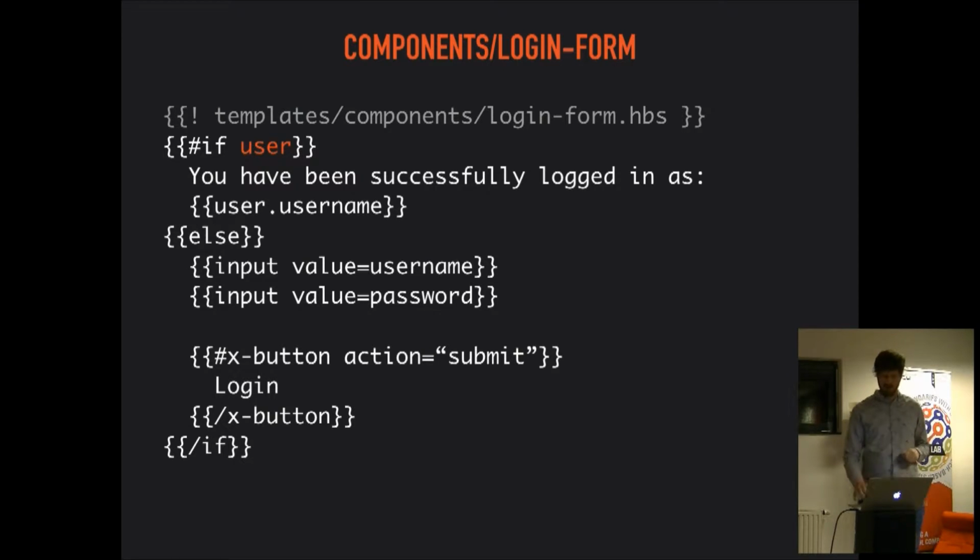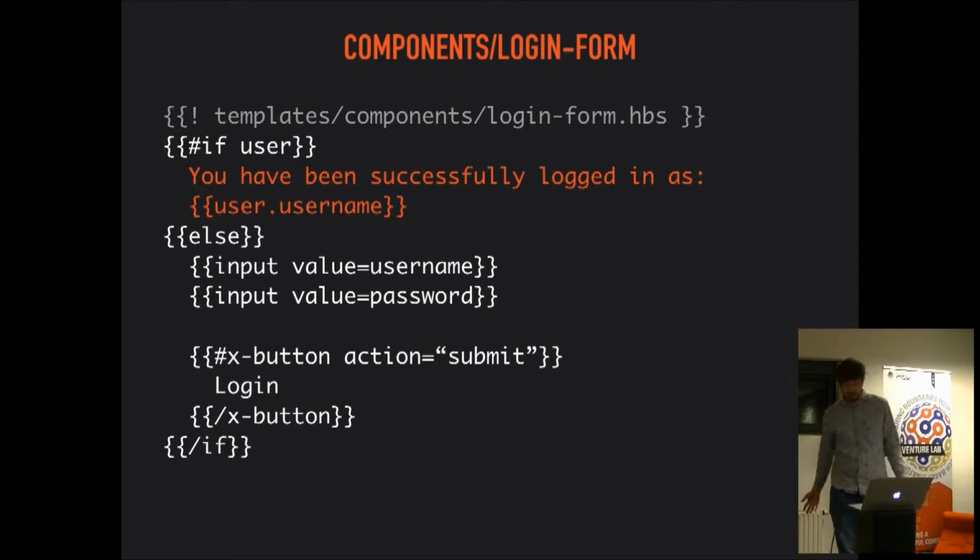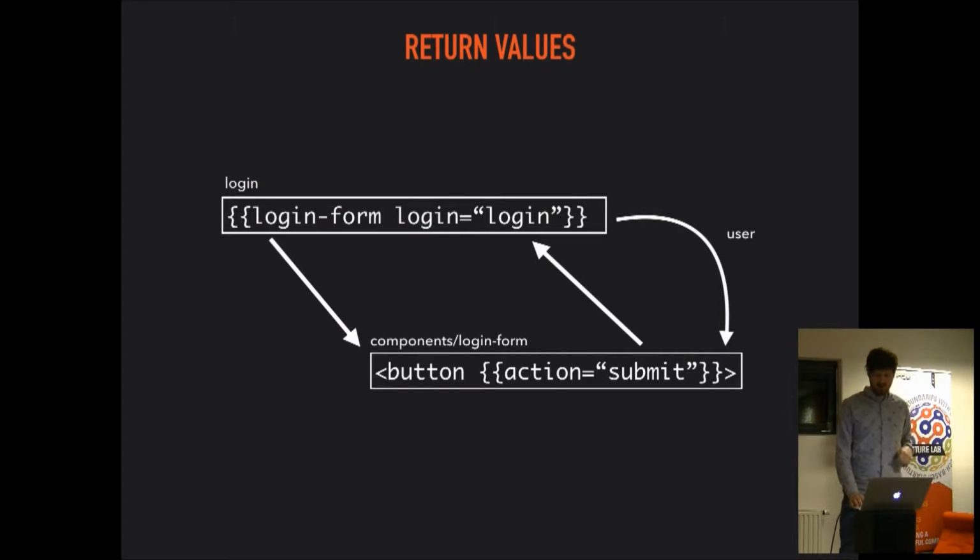So instead of showing the login form null, it will show you have been successfully logged in. But it's not the nicest way. What you wanted to do was just return the user directly instead of having to call the callback. So with those drawbacks in mind, let's look at the closure actions.